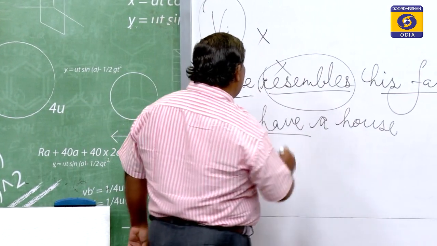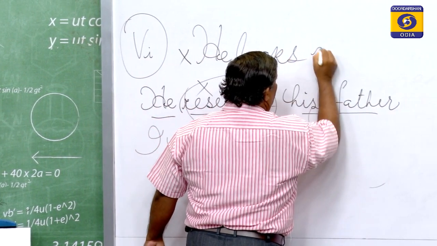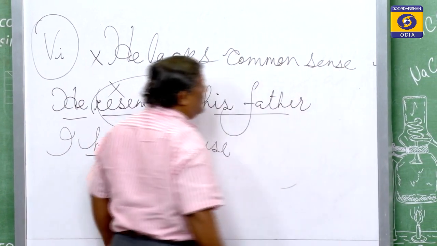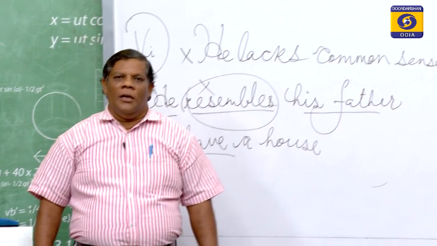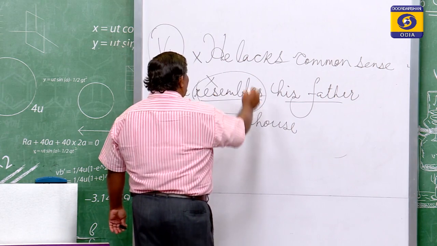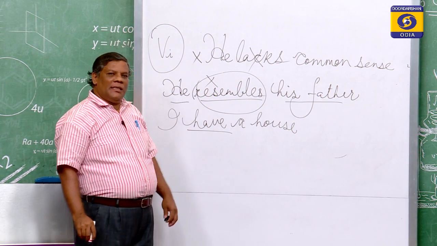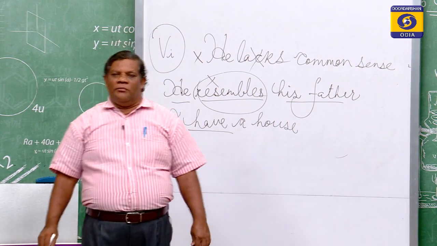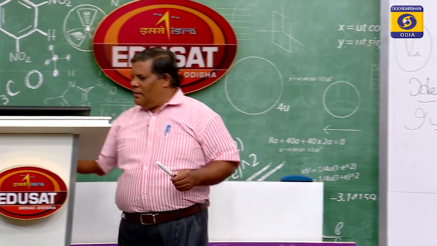Lack: he lacks common sense. We can't say common sense is lacked by him. No, we can't make it passive, because this verb cannot be made passive. So, such things are there, and we cannot usually make these sentences passive.